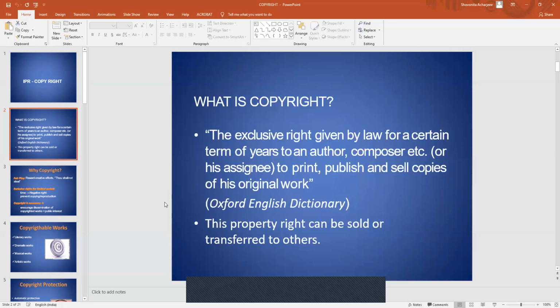The statutory definition of copyright means the exclusive right to do or authorize others to do certain acts in relation to literary, dramatic or musical work, and also artistic work, cinematography and sound recording.